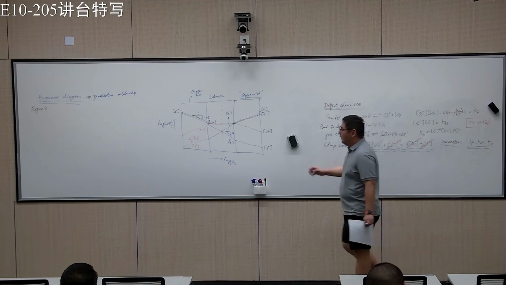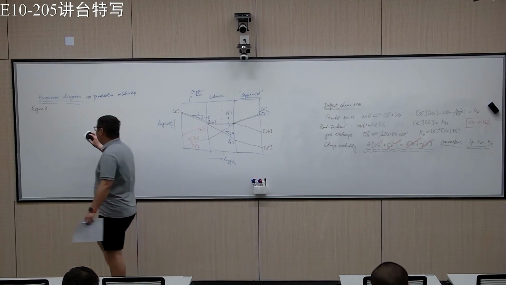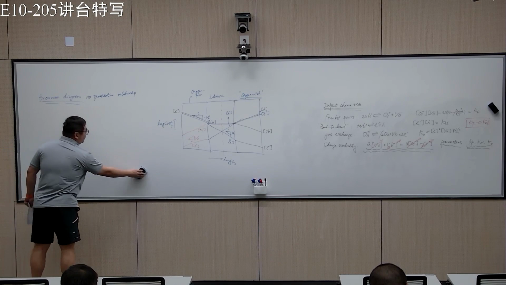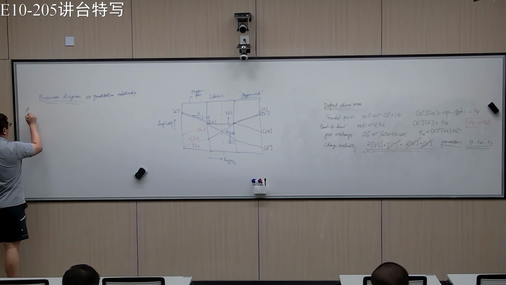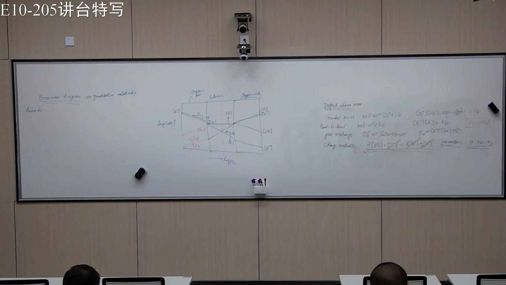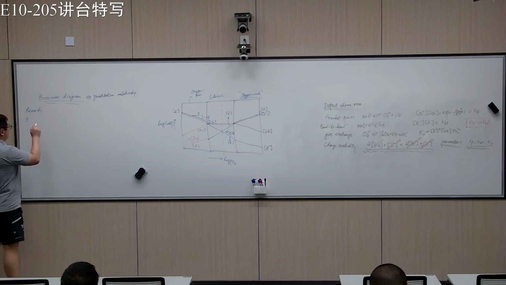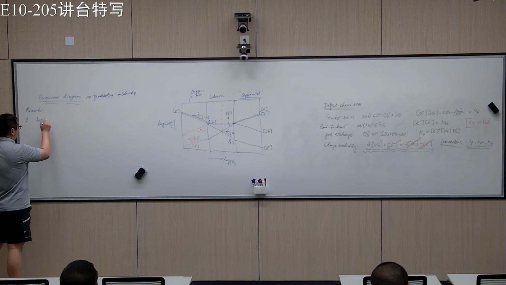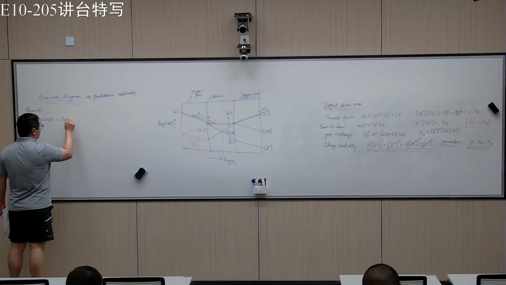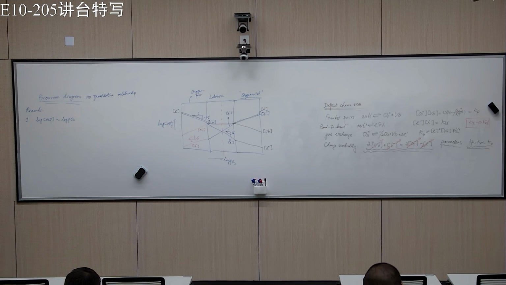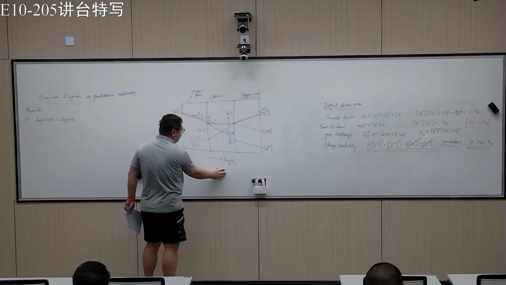So if we look at this plot, there are several remarks I want to make. First, the Brouwer diagram basically gives you the log defect concentration versus log PO2. It's a double log, so the logarithm here and the logarithm here.